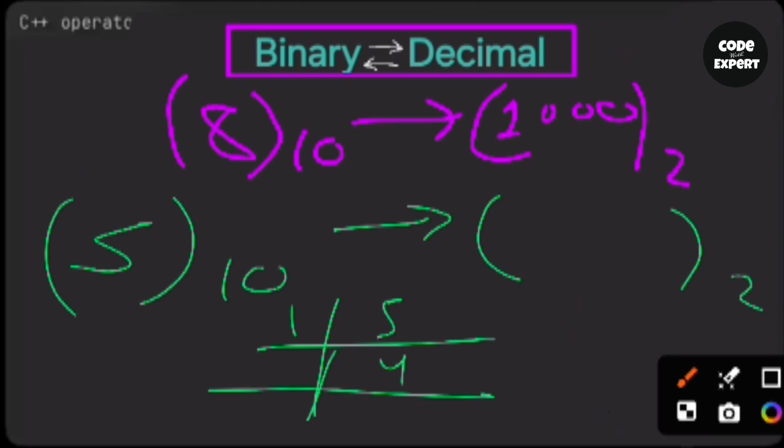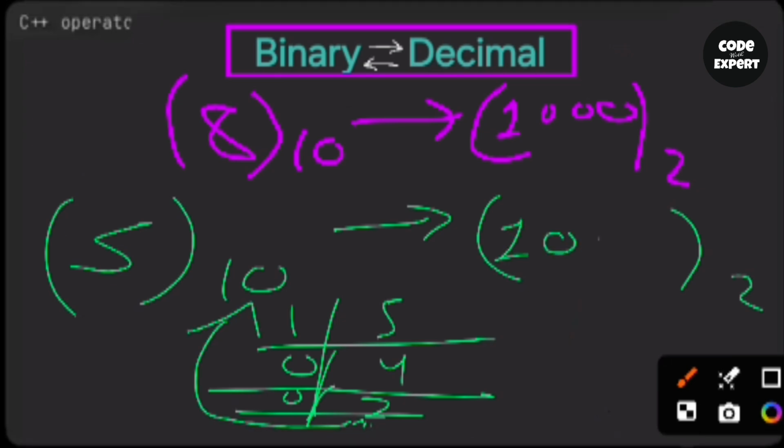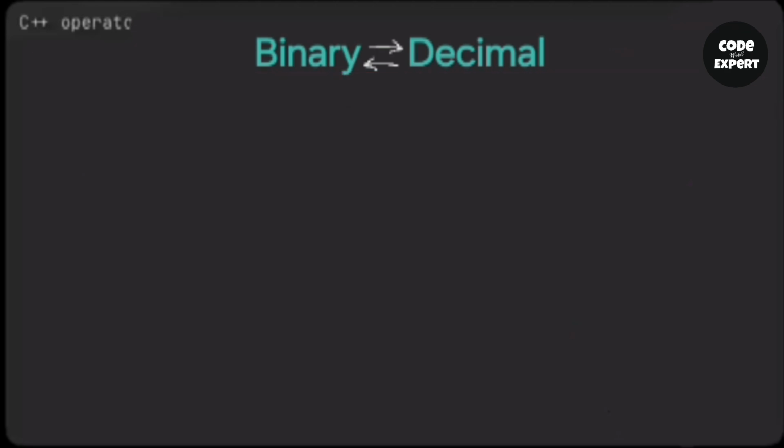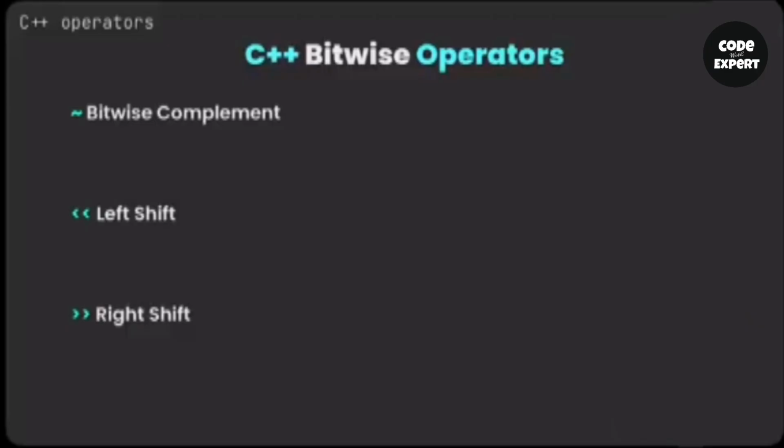If we again divide by 2, we get 1 and the remainder is 0, and if we again divide 2 by 2, the remainder is 0 and the quotient is 1. So we will write from up to down to up, so our answer will be 1 0 0 1. Okay, so like this we can convert any number from decimal to binary and binary to decimal. Now let's continue our bitwise operators.